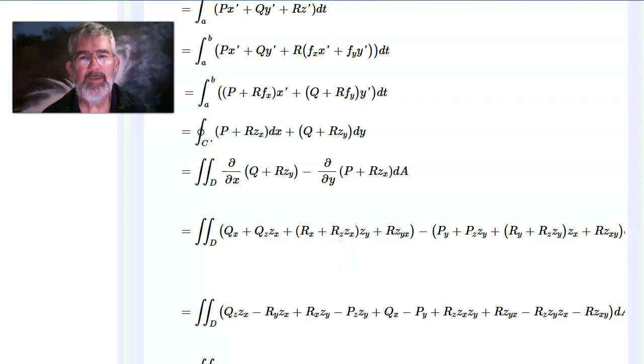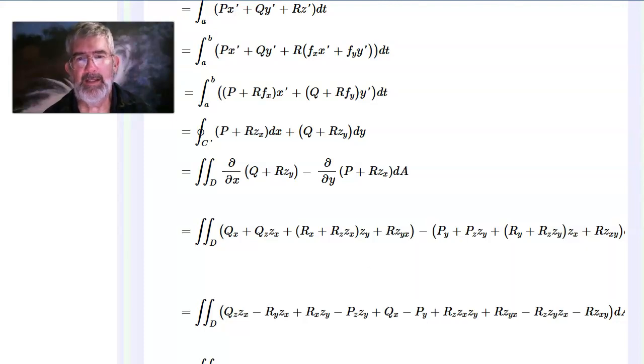And these partial of z's with respect to x, you could write them as partial of f with respect to x if you wanted to, because z is f of x and y. Right? So that's that. Now I need to multiply that times the partial of z with respect to y. So that's partial of r with respect to x now times partial of z with respect to y.